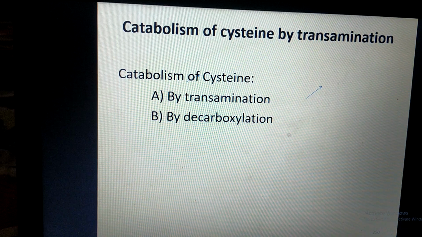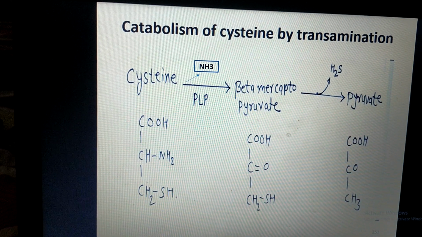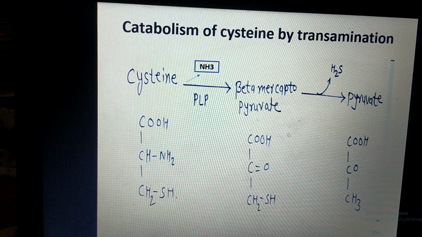Here the coenzyme of vitamin B6, that is pyridoxal phosphate, is required. After studying the synthesis of cysteine, we will see the catabolism of cysteine. Catabolism of cysteine takes place by two processes, transamination and decarboxylation. In the transamination process, cysteine forms a compound called beta mercaptopyruvate in the presence of pyridoxal phosphate.